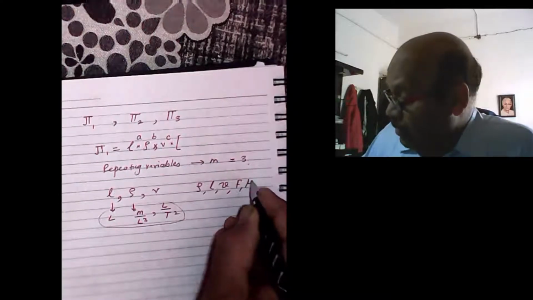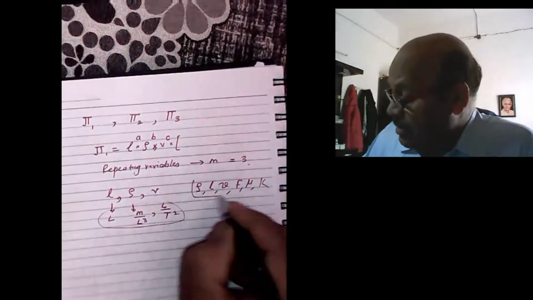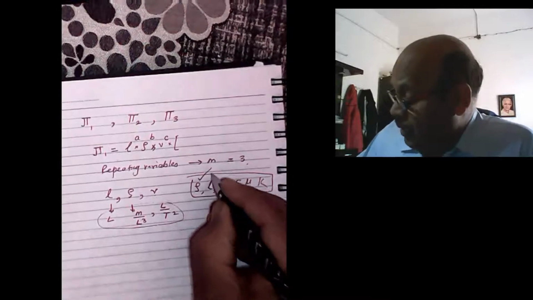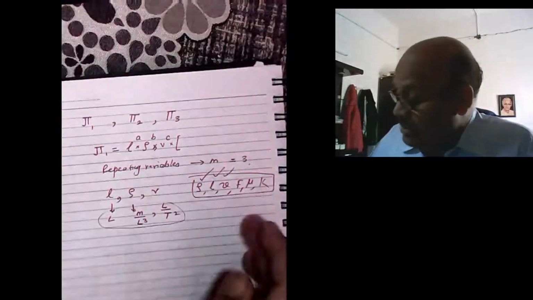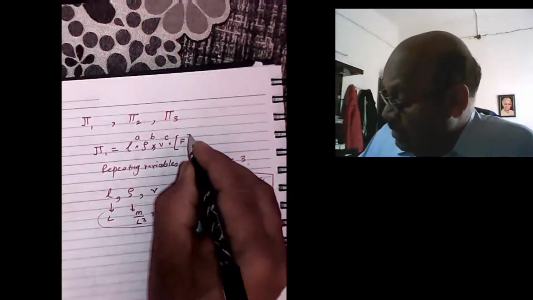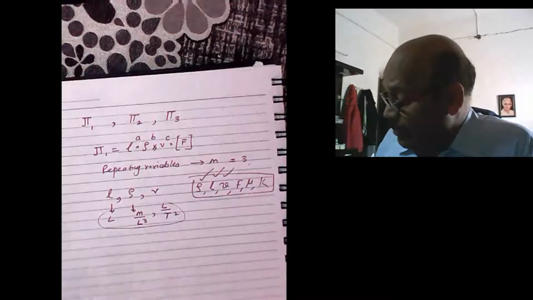So how many terms are there? Rho, L, V, F, mu and K. Rho, L, V you have already taken, so you have to take the others one by one. So let's say F, raised to some unknown power.